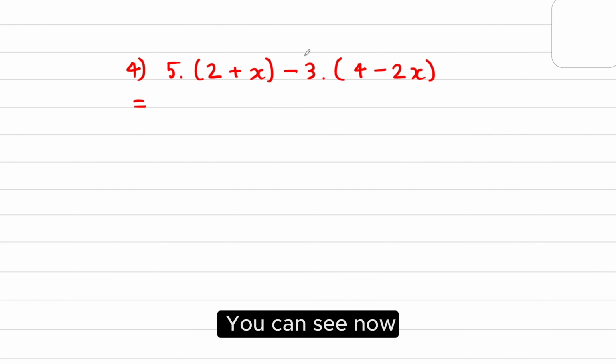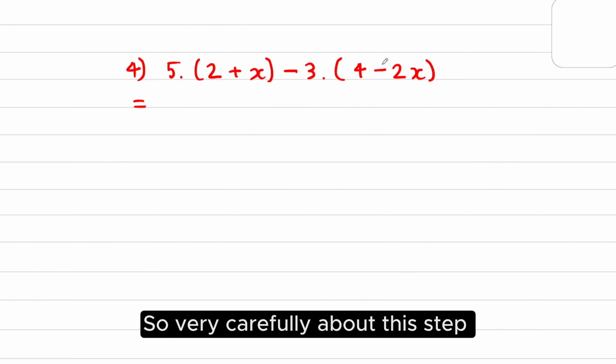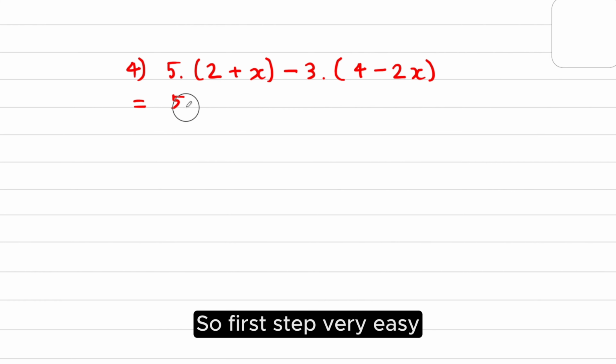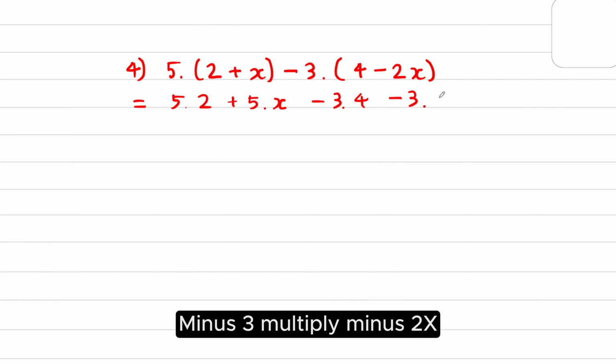Example 4, you got something in here. Oh, you can see now I have the negative sign here and negative inside the bracket, so be very careful about this step. So first step, very easy. 5 times 2 and 5 times 8. Another one, you got minus 3 times 4, and the last term is minus 3 multiply minus 2x. But if I write it out like this it is the wrong way of writing.